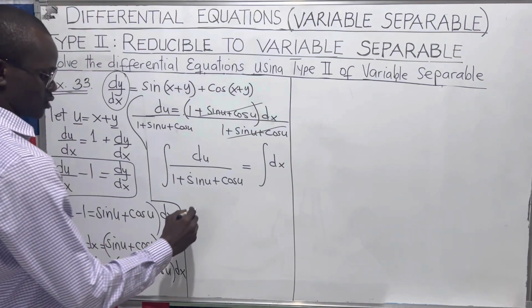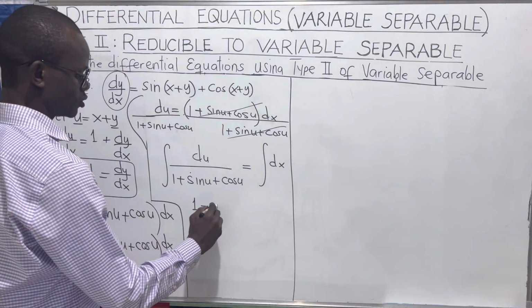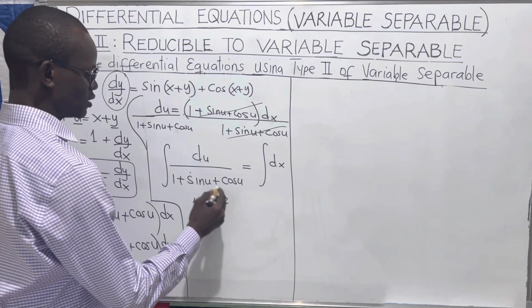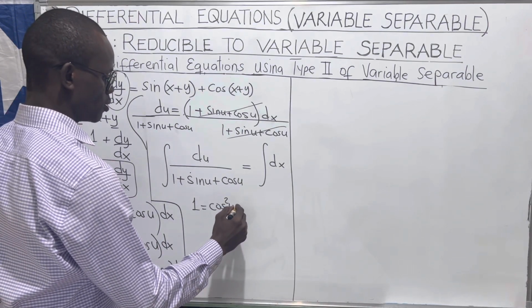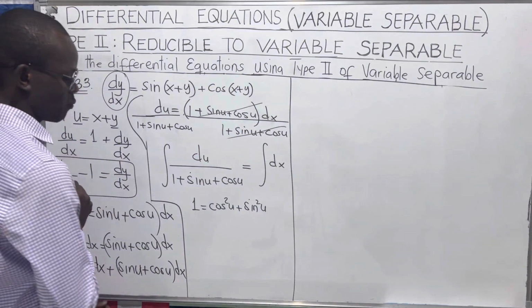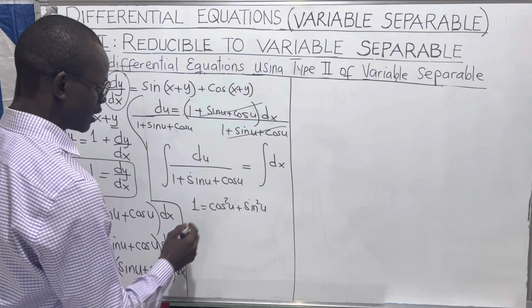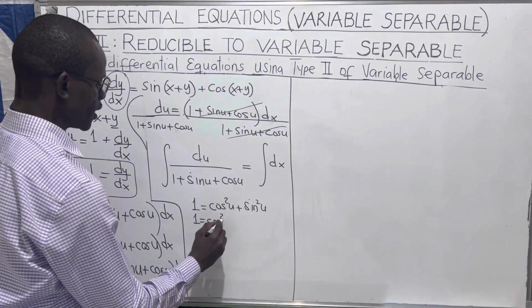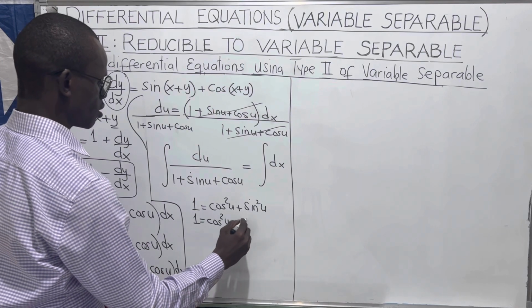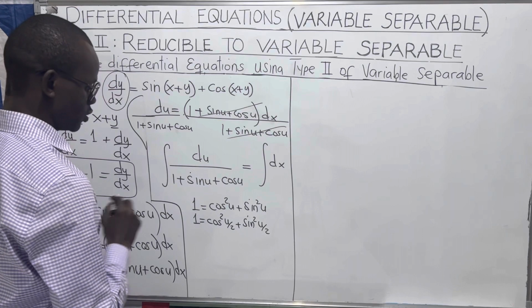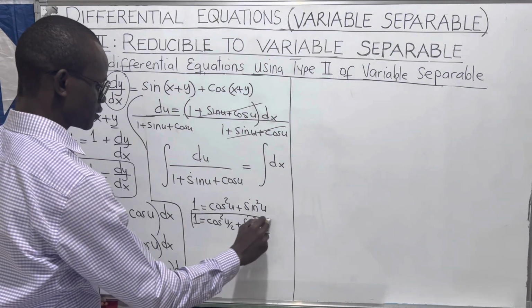We know that 1 is equal to cos square u plus sine square u. What if we divide all angles by 2? We will have cos square u over 2 plus sine square u over 2. We're going to use this identity to replace 1.